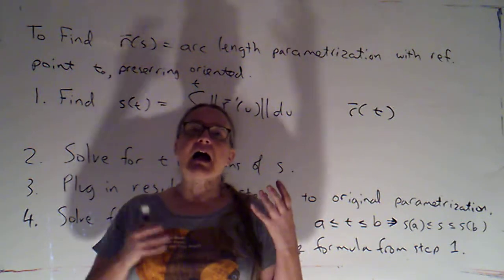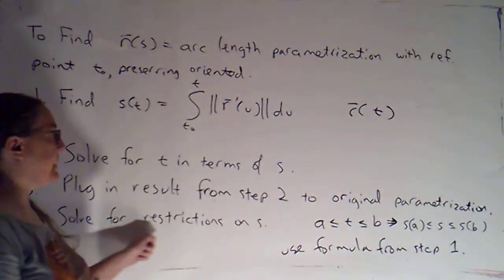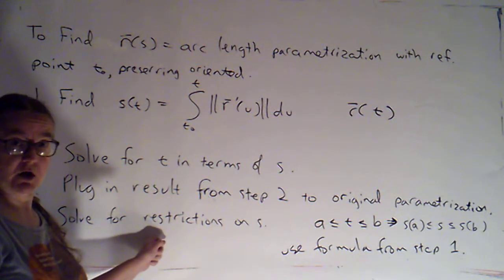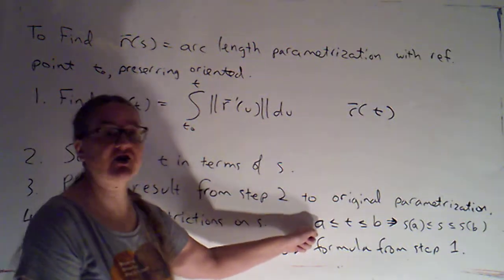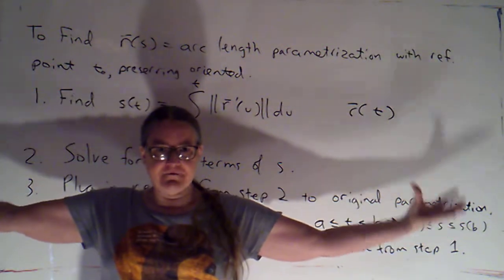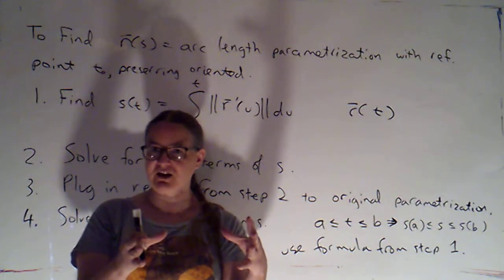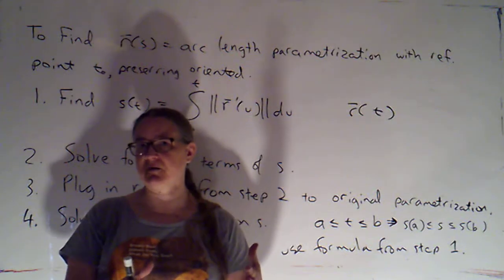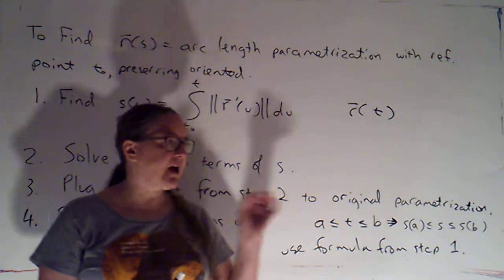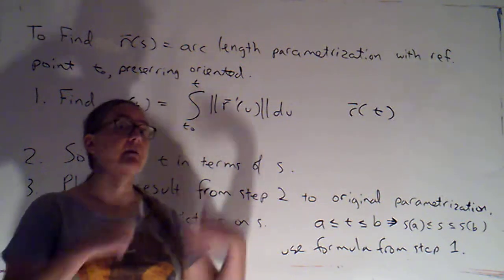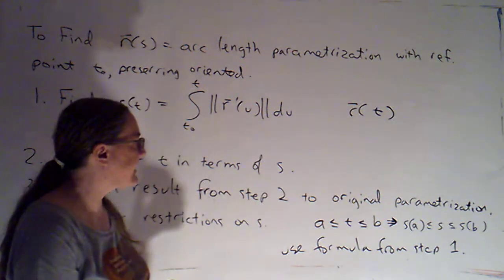Okay, I'm not going to ask you to do step 4 unless I either explicitly tell you to, or there were restrictions on t. So if you've got a curve where an infinite t interval maps to a finite arc length, so that there were no restrictions on t, but there are now some restrictions on s, I'm not going to expect you to figure that out on your own. If that happens, I would tell you, and I would say solve for the restrictions on s.